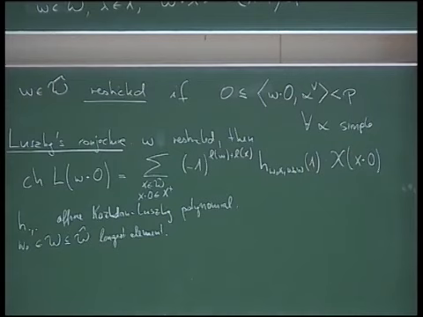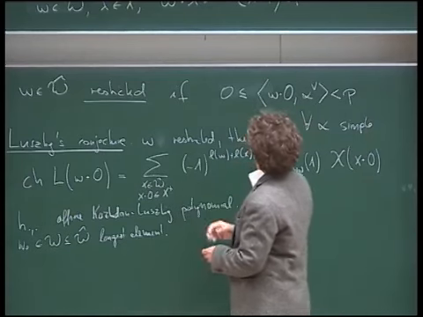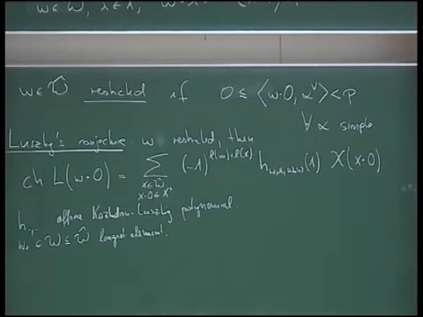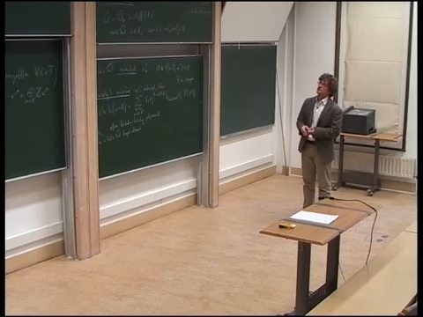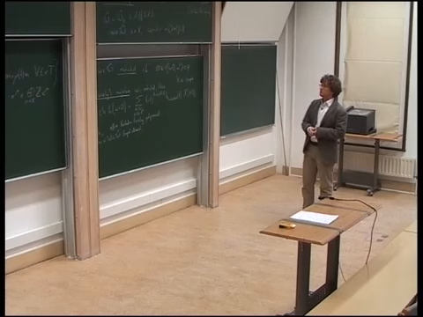So what we know is that this conjecture is true if P is big enough. So for a fixed root system, for a fixed group scheme, the conjecture is true if P is big enough.